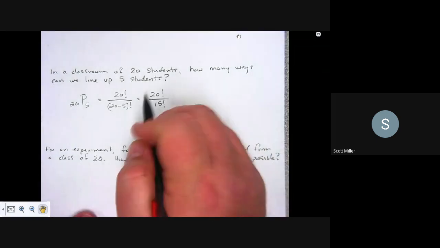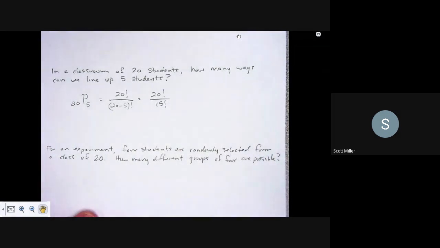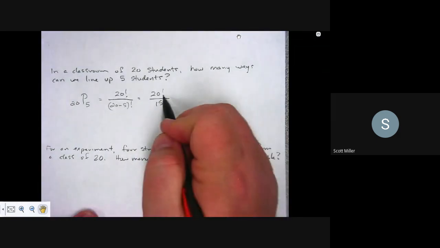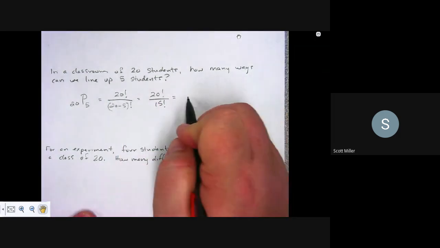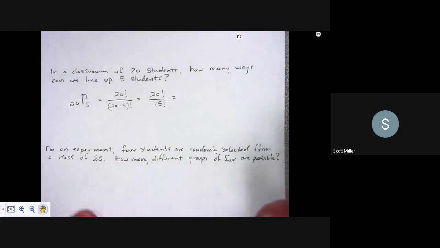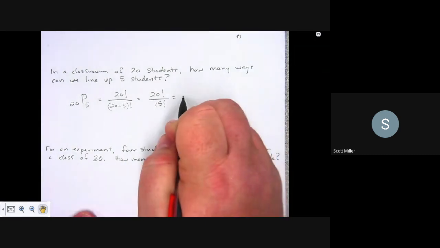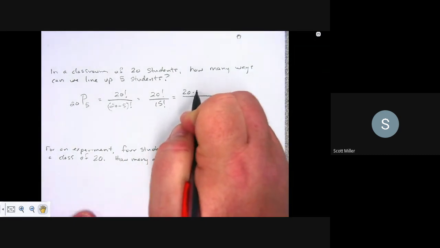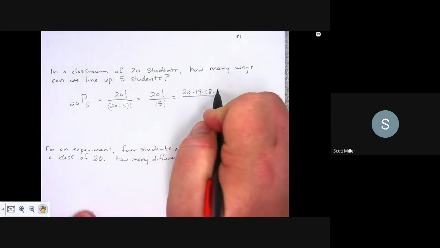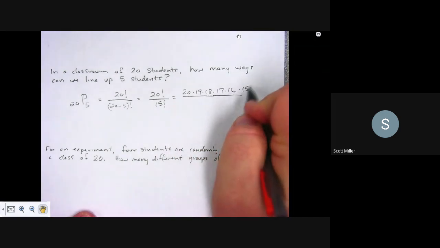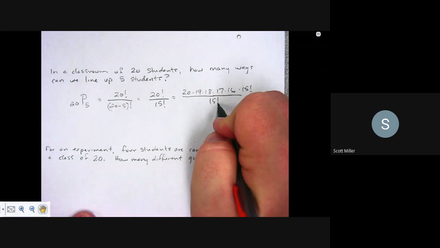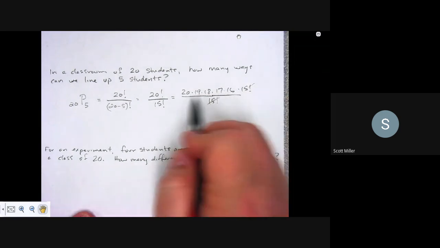One is this way, and I'm going to show you on the calculator how to get it directly. But because of the nature of this, I had to take 5 people at random. So this right here is going to be 20, 19, 18, 17, 16, because this is 15 factorial, and then these will drop out. So I'm left with just that right there.